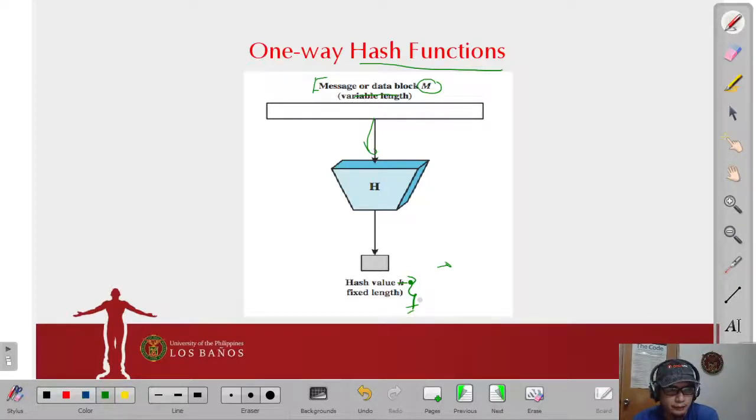Say this is an executable of a malware, and you feed the data of that malware to the hash function, and it will generate a SHA-256 hash, probably, that uniquely identifies this malware sample.